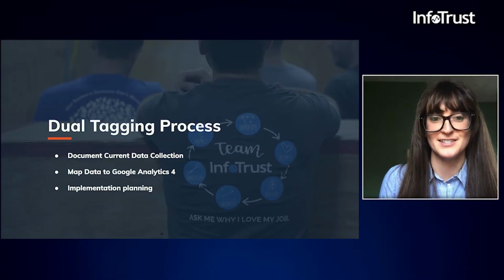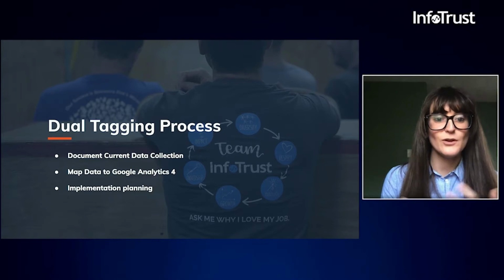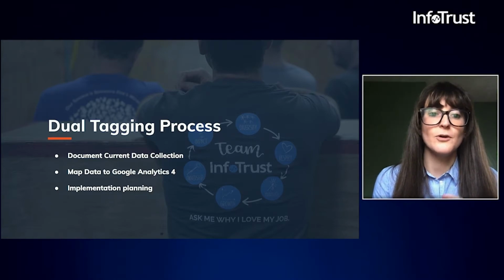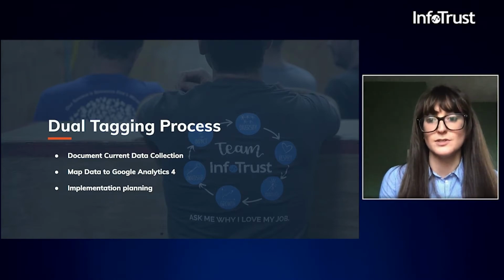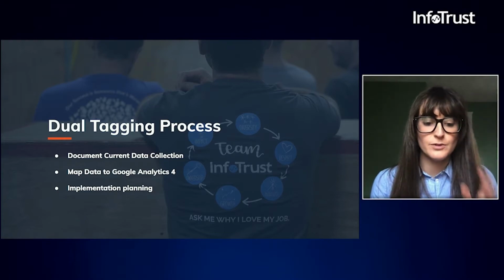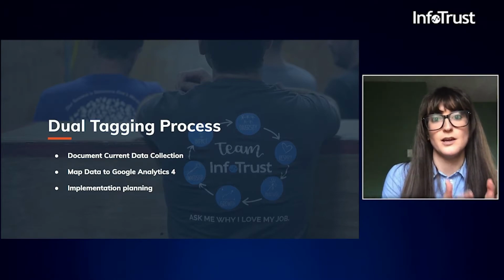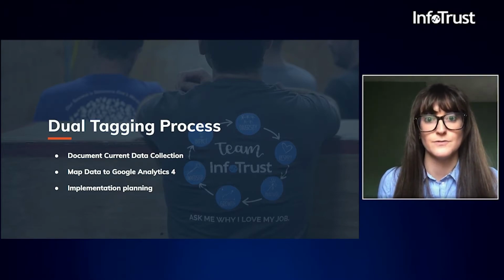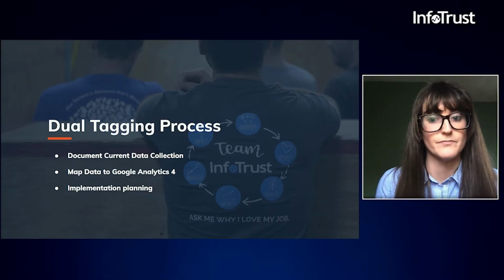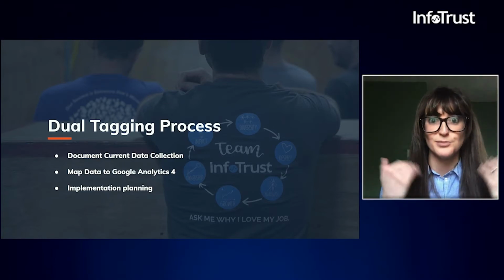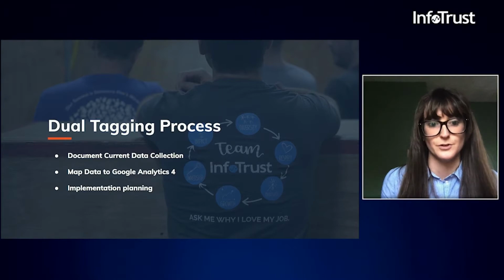And next slide. Cool. So going into dual tagging, what we have really started to encourage a lot of our clients to do is run GA4 side by side with universal analytics. And actually deploying that does consist of a few steps, right?